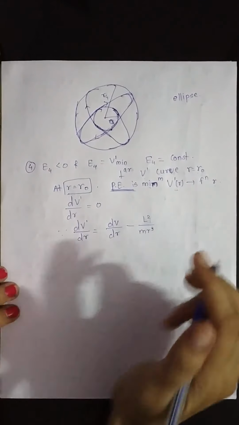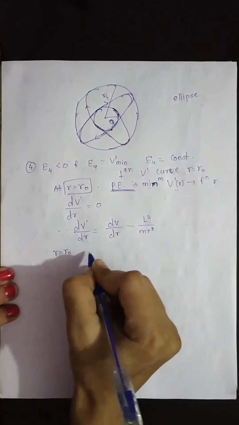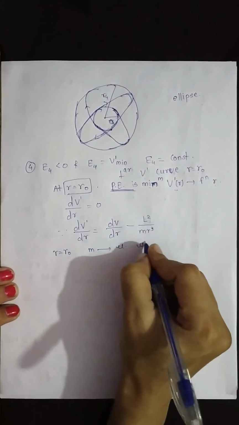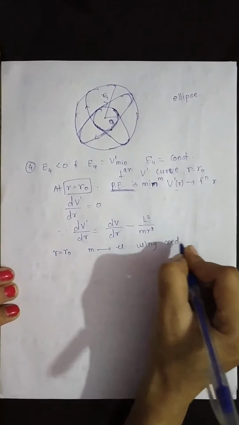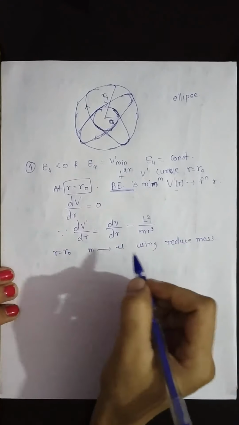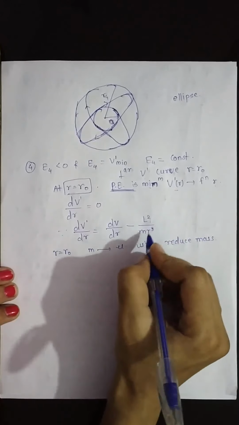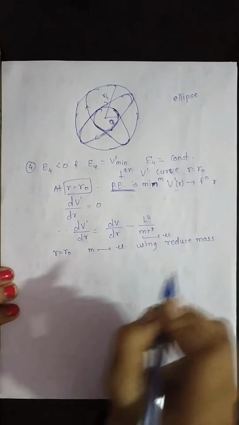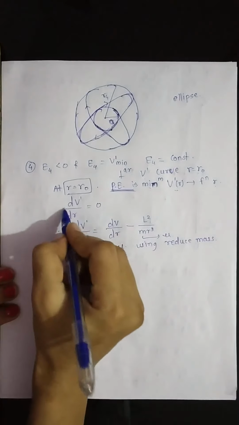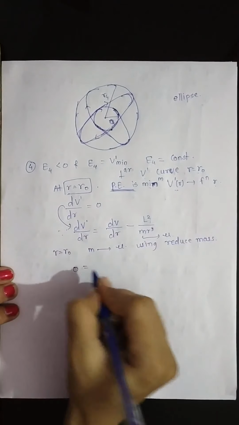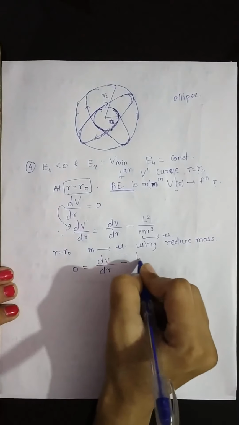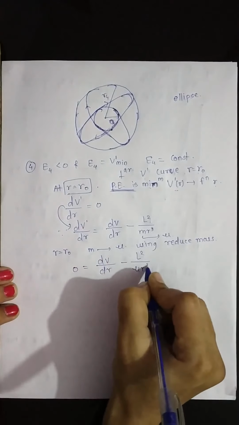Now here at r equals r naught, mass is converted into the reduced mass. We have already discussed the concept of reduced mass, where m is replaced with mu, so instead of this m I will use mu here, and I am equating it to 0. That means I will substitute this over here, so that I get 0 equals dV upon dr minus L square upon mu r cube.